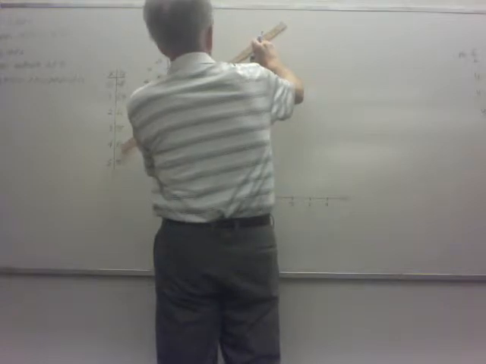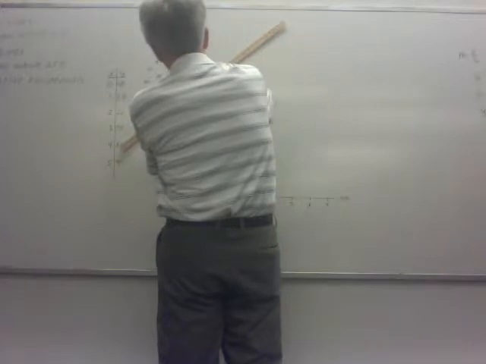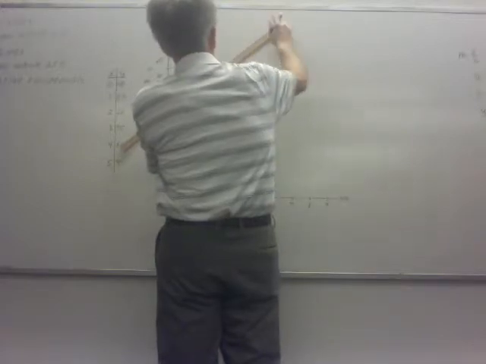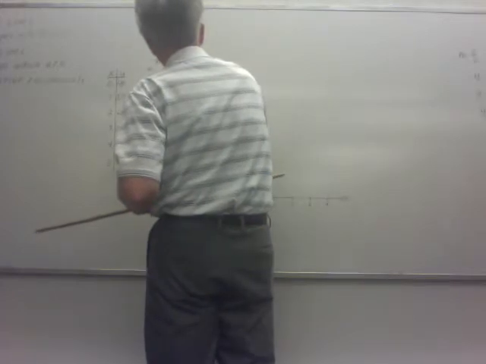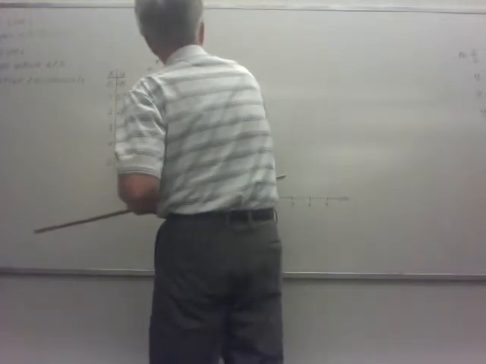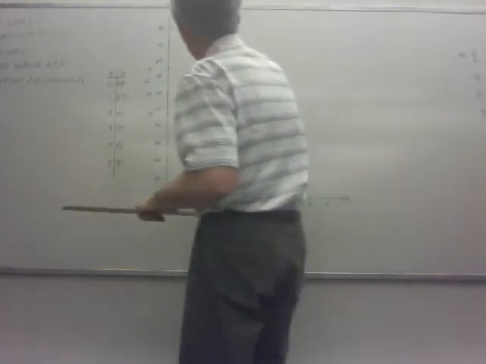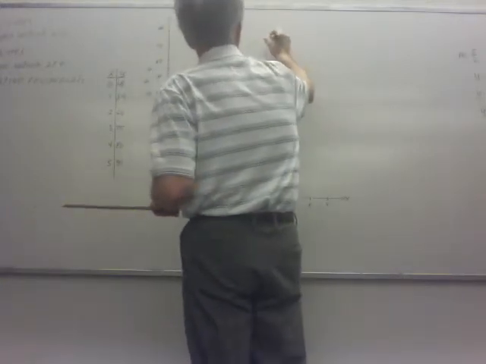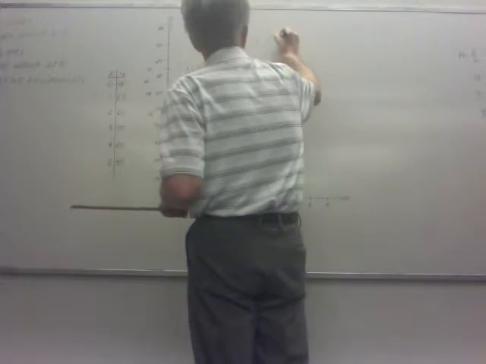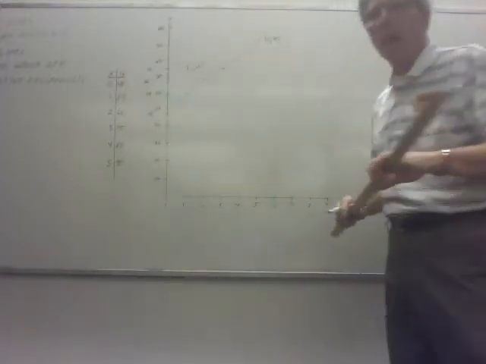There we go. 590, which is here. There we go. When I do, I get a line that looks like that. So there we go. So I use 266 and 590 for my 2 points.